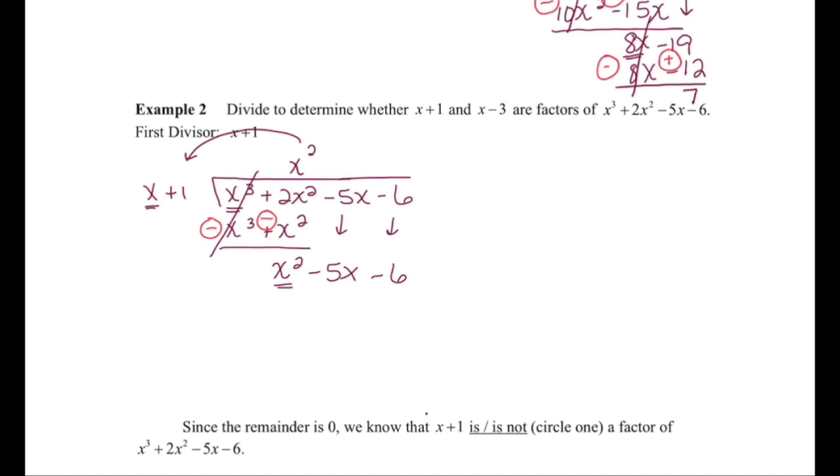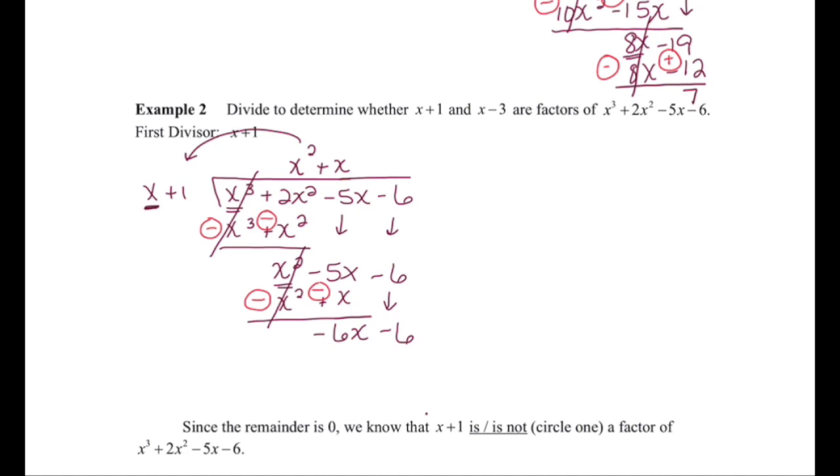X times what will give us x squared? Here we'll have a positive x. Positive x times x is x squared, and x times 1 is 1x. We'll subtract, so we'll change our signs. X squareds disappear. Negative 5x minus x is negative 6x minus 6.